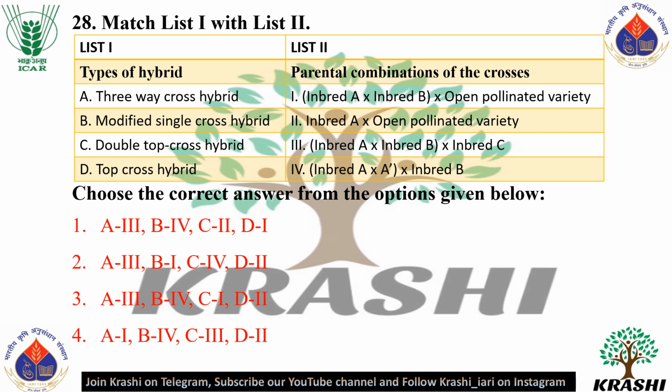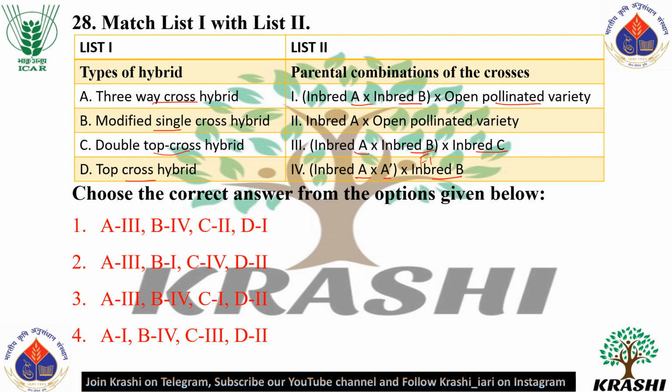Question number 28. Match the types of hybrid with the parental combinations of the crosses. A three-way cross hybrid is given as inbred A into inbred B, and the F1 will be crossed with inbred C. Modified single cross hybrid is given by inbred A into A dash, and the progeny is then crossed with inbred B. Double cross hybrid is given by inbred A into inbred B, that is crossed to the open pollinated variety.